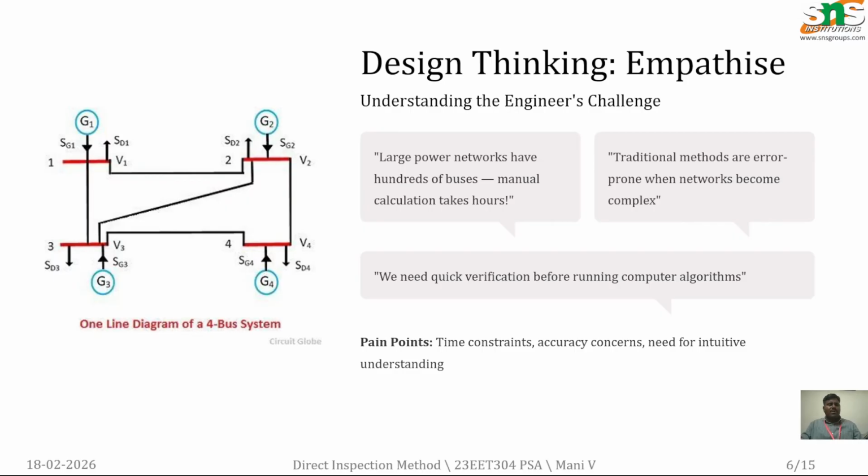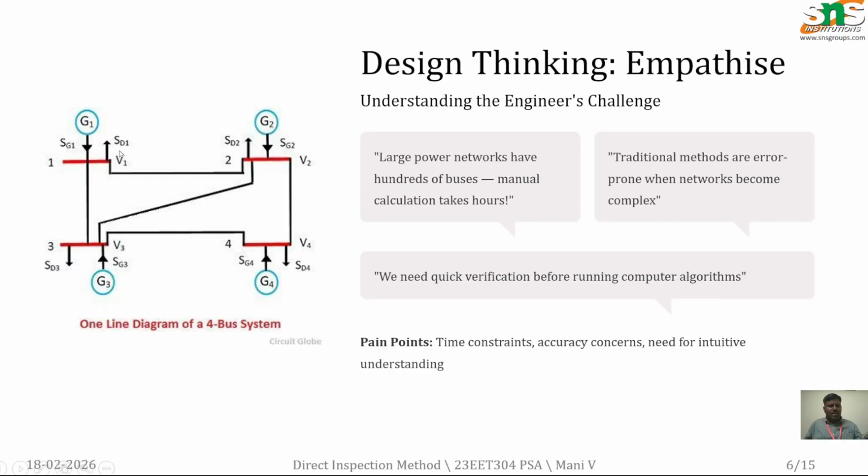So this is a single line diagram, or one line diagram, of a 4 bus system. It consists of 4 buses: this is bus number 1, this is bus number 2, this is bus number 3, and this is bus number 4. It has 4 generators, generator 1, generator 2, generator 3, and generator 4.